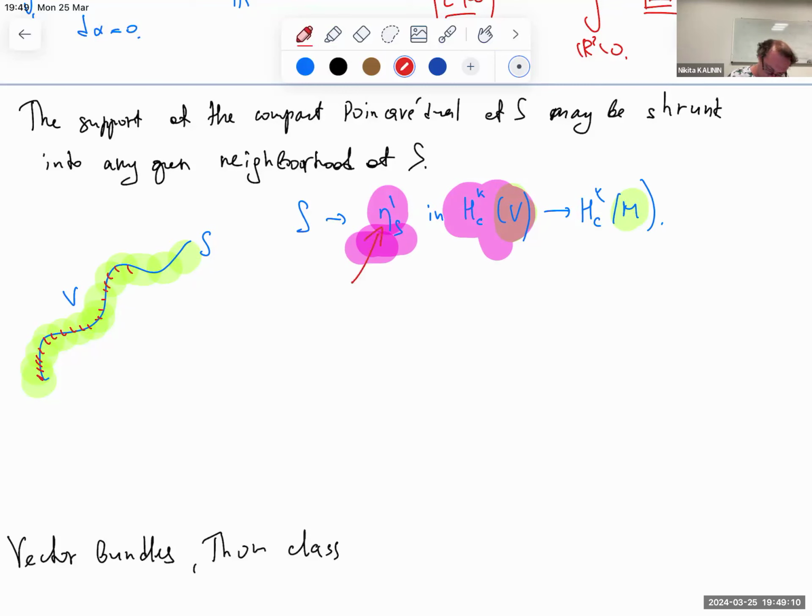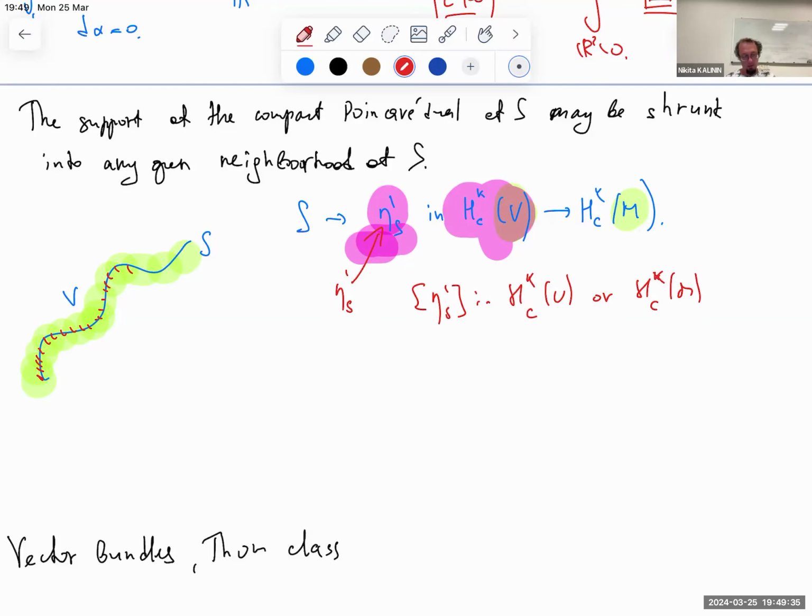Because this form eta S is a choice. Its class in HK or HCK of M is fixed, but the representative can be chosen in different ways, and we can choose a representative very close to S.